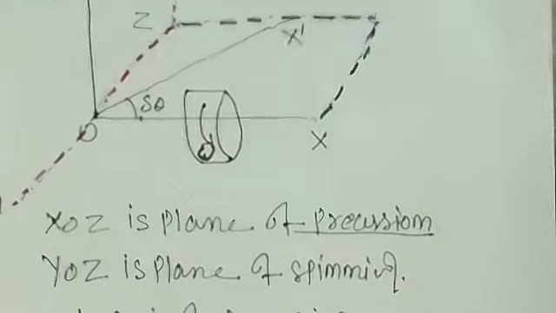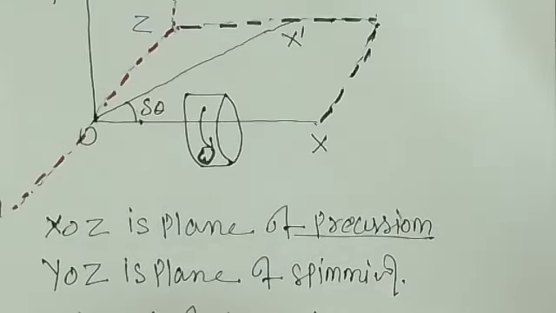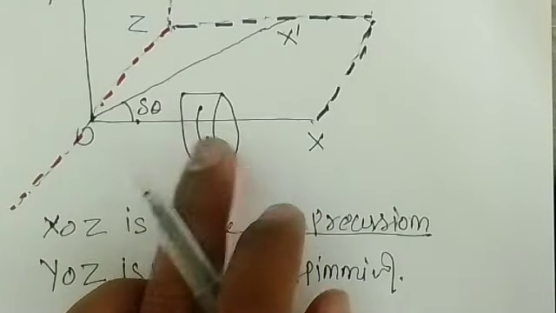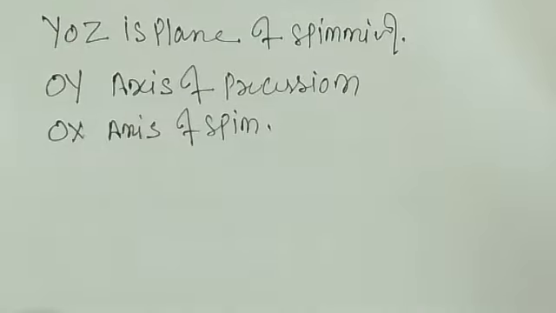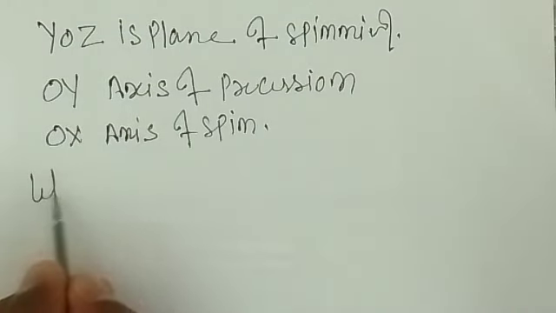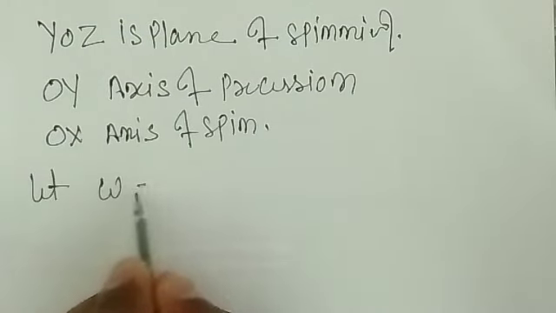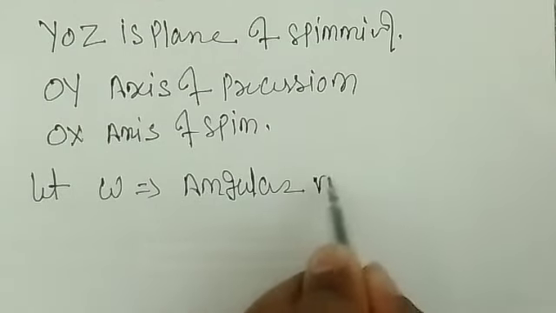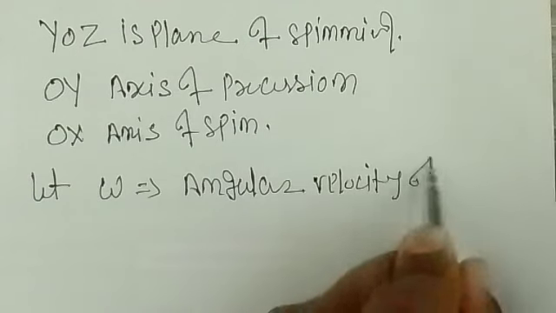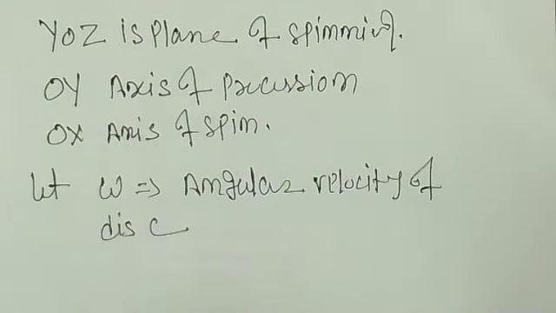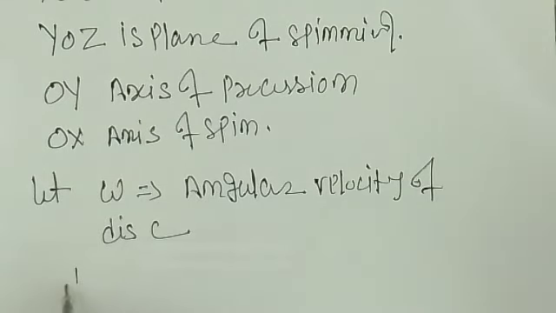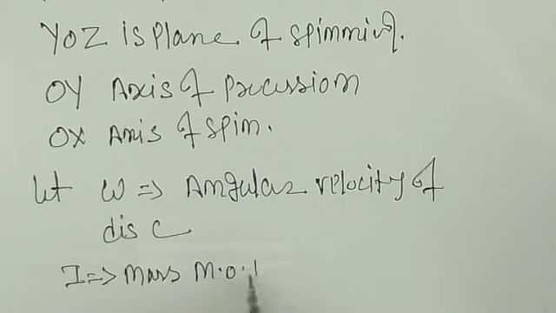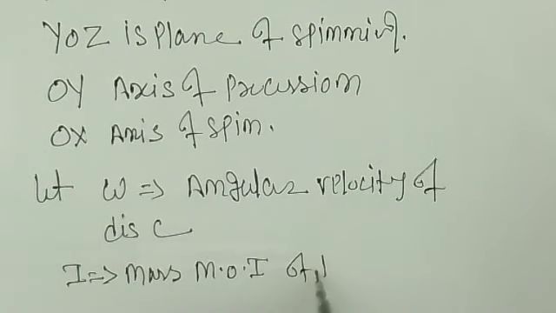For that, let I be the mass moment of inertia of this disc about OX, and omega the angular velocity of the disc.